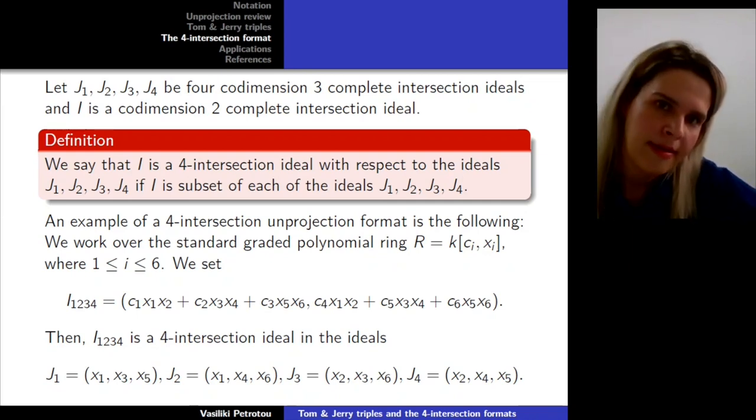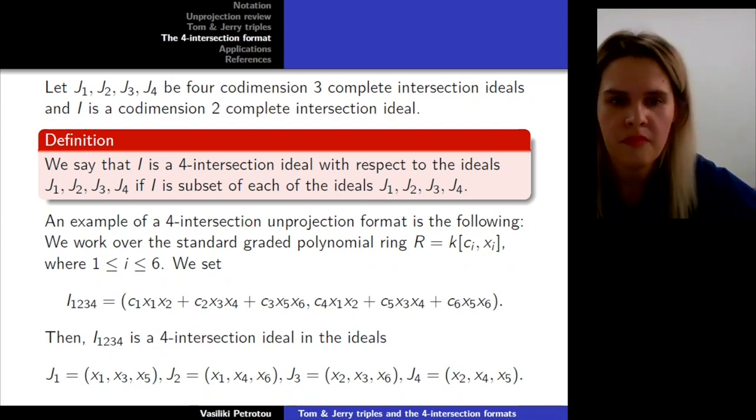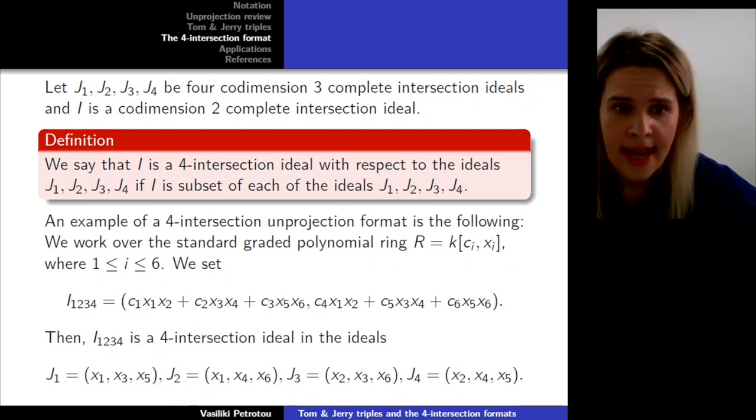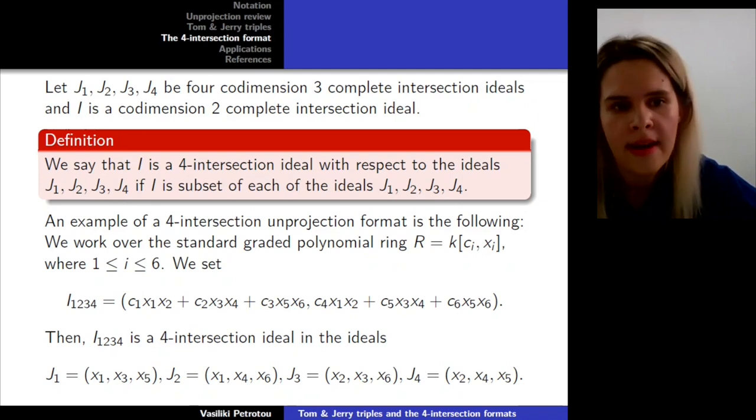The four intersection format gives one answer to this question. We say that I is a four intersection ideal with respect to the ideals J1 up to J4 if I is a subset of each of the ideals J1 up to J4.